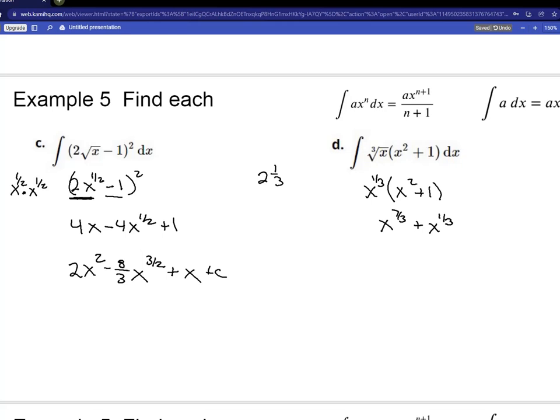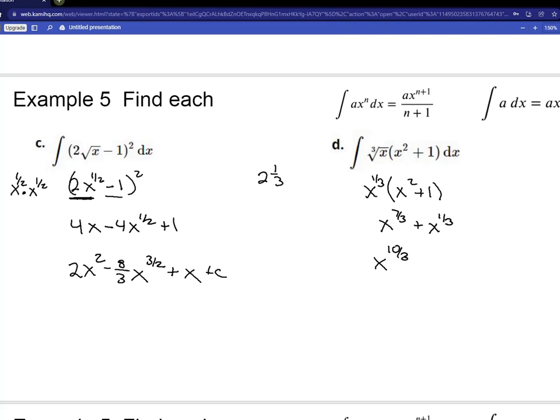What are we going to do now? You write down the x, and you add 1 to 7/3. So in this case, think of 1 as being 3 over 3. Oh yeah, that is good. So when I add 3 over 3 to that, what is it going to be? You get 10/3.